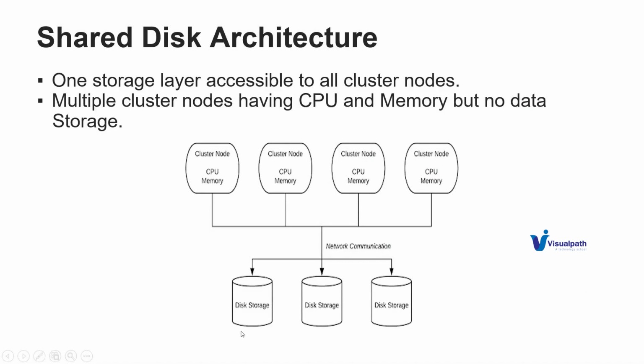We are replicating the same information to the other disk storages. In which scenario would we do this? Let's say we are in an on-premises data warehouse, and we have teams in Hyderabad, Bangalore, and Chennai. In these three places, our team is working. We need compute resources for playing with the data.